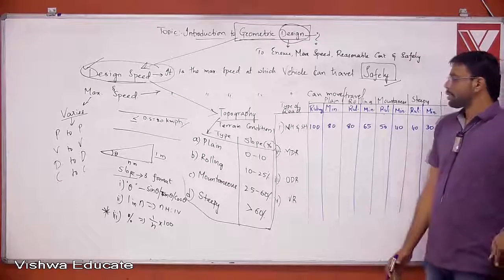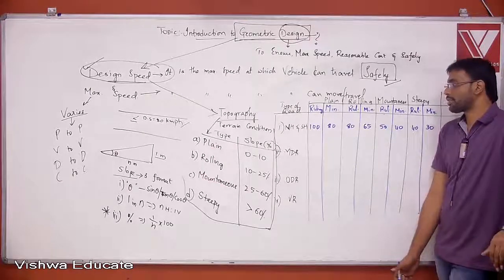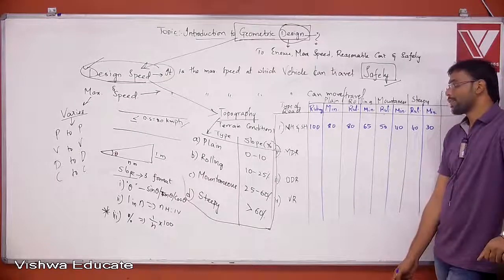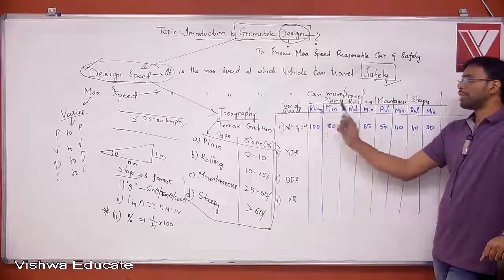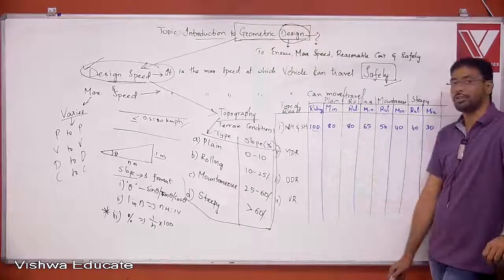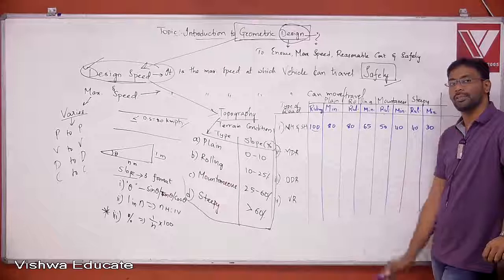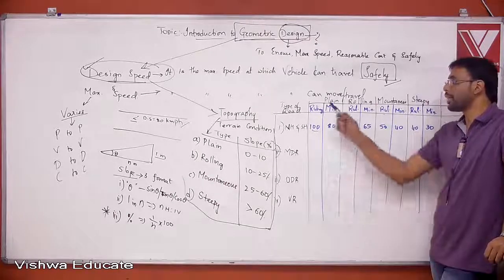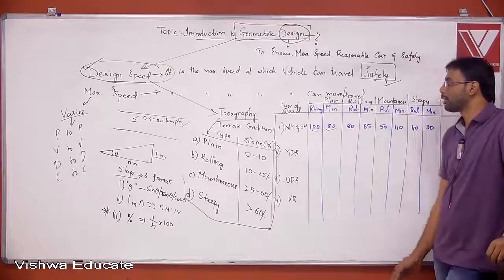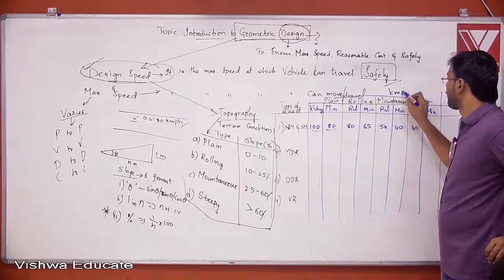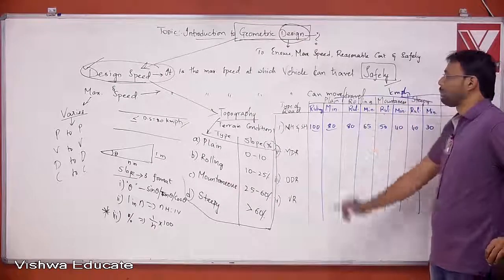So this is how it has been defined. So if you see in this table in the first line, for both national highways and state highways, the ruling design speed for plain terrain is 100 kmph, and the minimum design speed that should be adopted for national highways and state highways in the plain terrain should be 80 kmph. All the speeds are in kmph here.